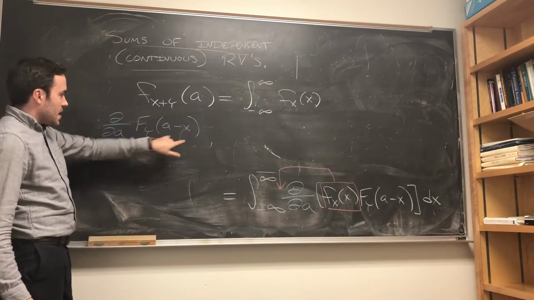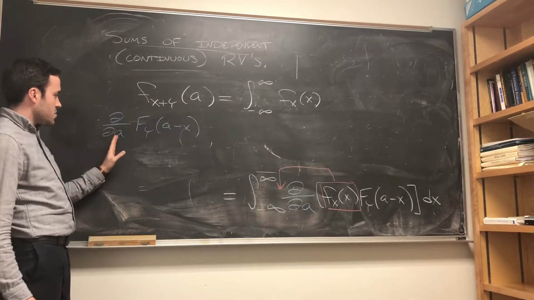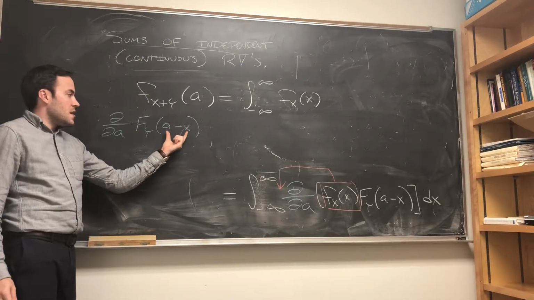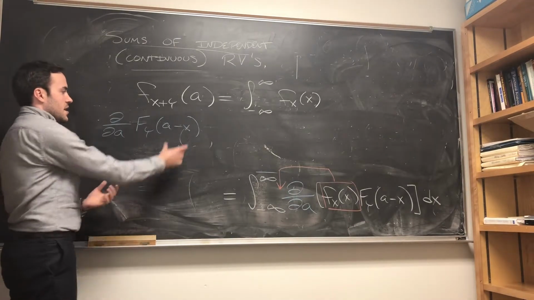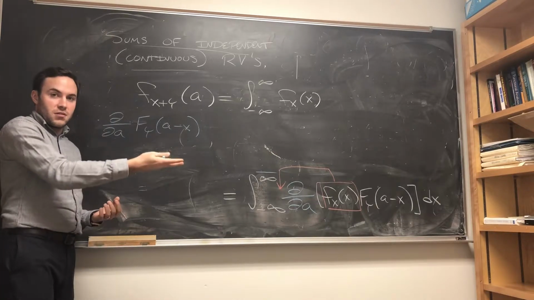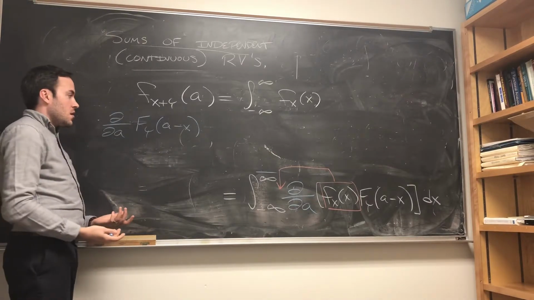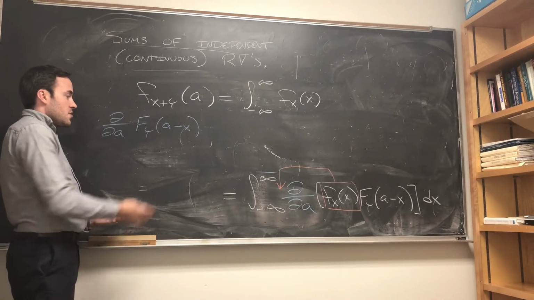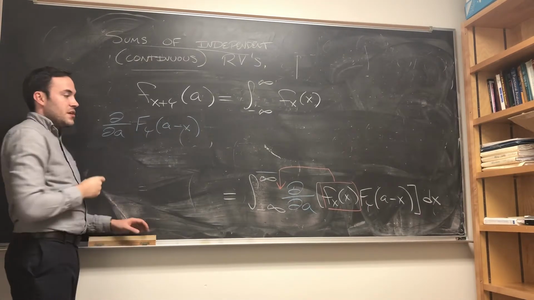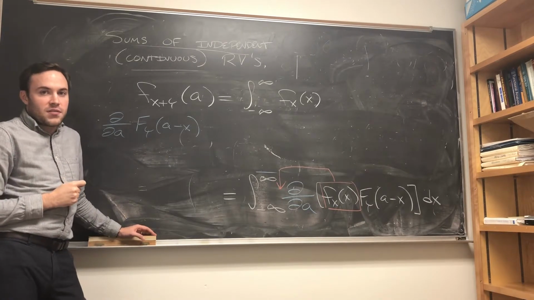And what we're saying here is that we're trying to take the partial derivative of a function of basically another function. This is really just the chain rule. So we take the derivative of a minus x with respect to a. That's just going to be 1 minus 0, since we treat x like a constant with respect to a. And so we're just going to get 1 for the derivative of the inside, and then we have to take the derivative of capital F sub y.